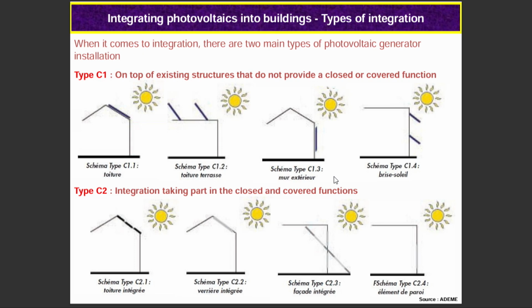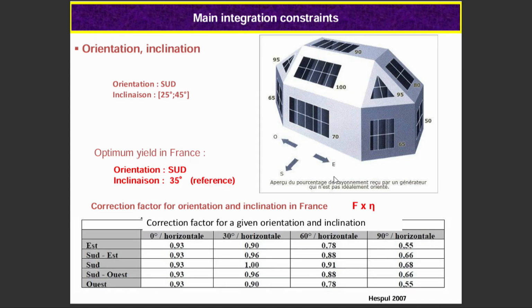The second category is integration taking part in the closed and covered function. So it's PV, but it is also a completely entire building component. Okay, so tiles, windows, double facade that have a use for light.